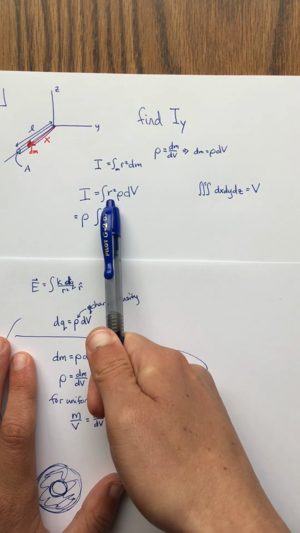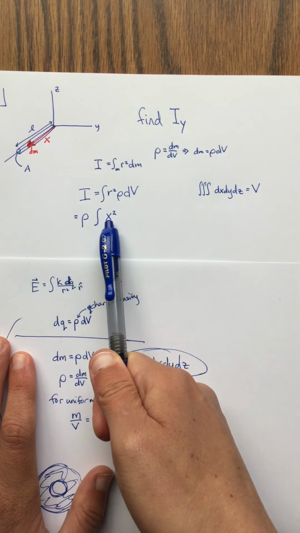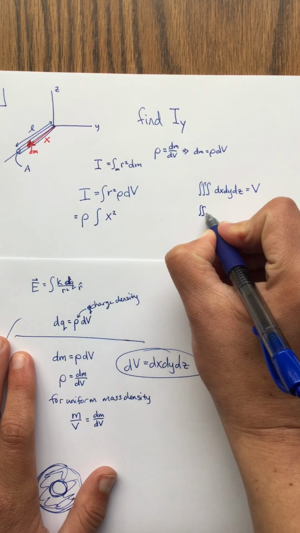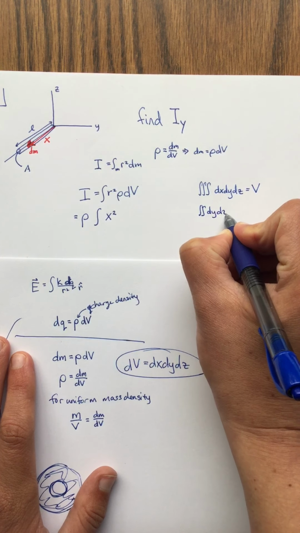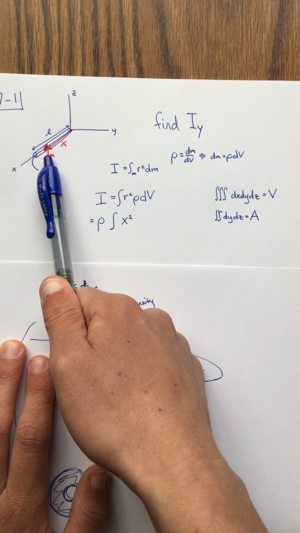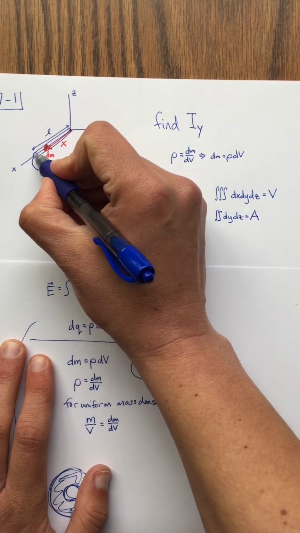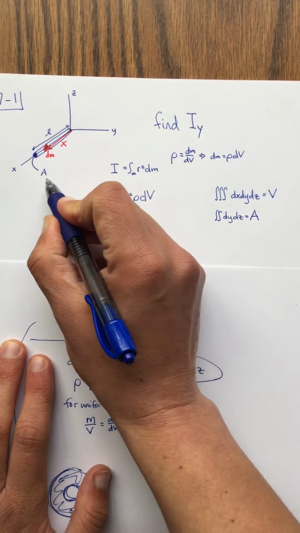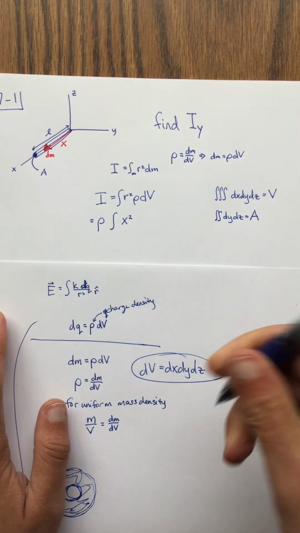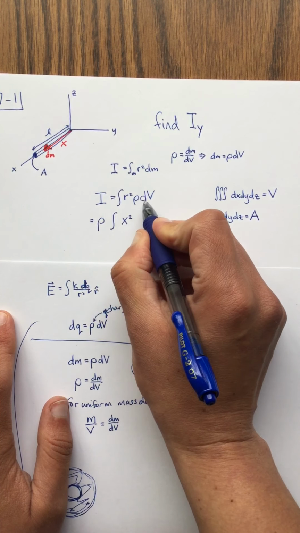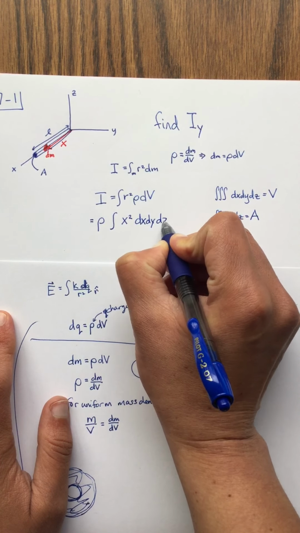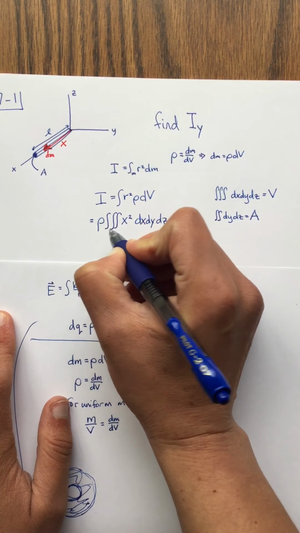Well, we can't do that here because we also have the r squared or the x squared in our integral, but I can say this: if I were just to integrate dy and dz, that would give me the area, because I'm integrating over everywhere where there is mass, and this cross-sectional area here is A. So I can replace the dV with dx dy dz, and then I have a triple integral.